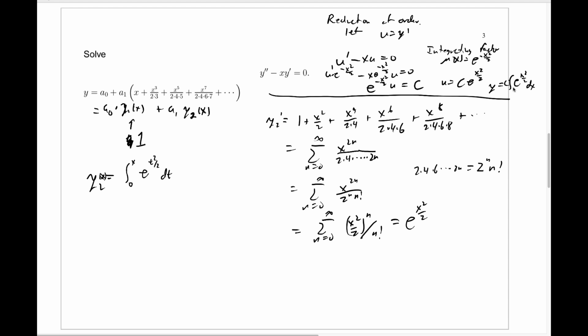Now, integral comes with an arbitrary constant, so when we write c times this integral, that would be c times some particular value, which I'll call y2 of x, plus another arbitrary constant, which I'll call c1 here. So we have these two arbitrary constants, c and c1, and you have this exact same function, y2 of x, which is an antiderivative of e to the t squared over 2. That gives you the exact same solutions that we found using power series methods, only this one is much quicker and easier in this particular case.